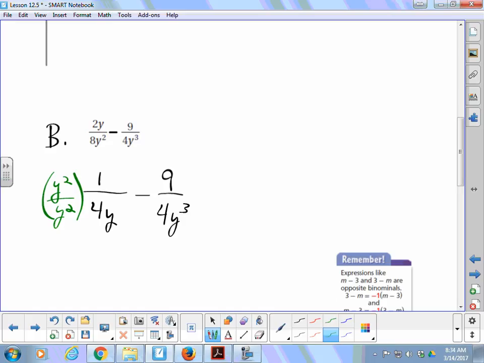I have the 4. I need to get y cubed in the first fraction because I have that in the second fraction's denominator. So this gives me y squared over 4y cubed minus 9 over 4y cubed.